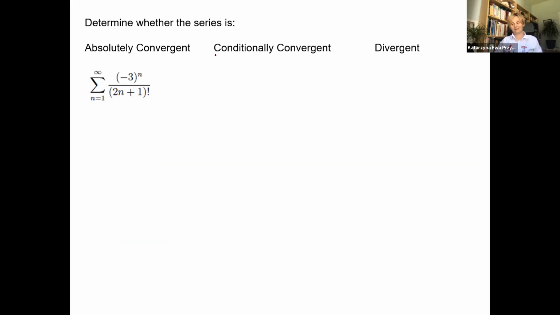Okay, formula like this. Negative 3 to the power of n, over 2n plus 1 factorial. What test will be good? Please tell me. Of course, the ratio test. As soon as we see factorials, I will use the ratio test. Let's do it.